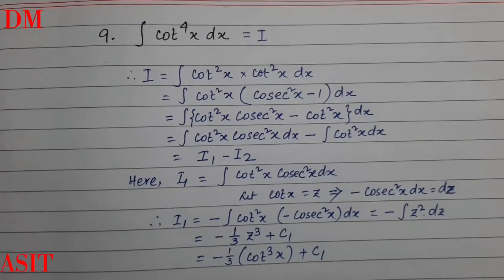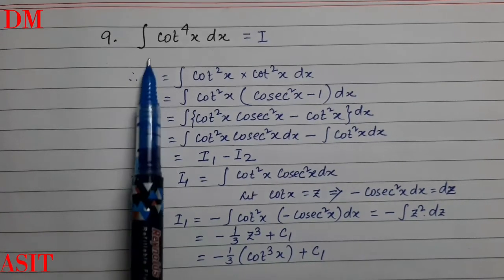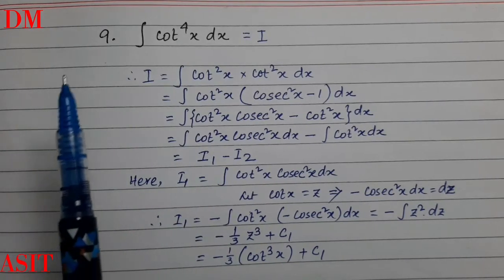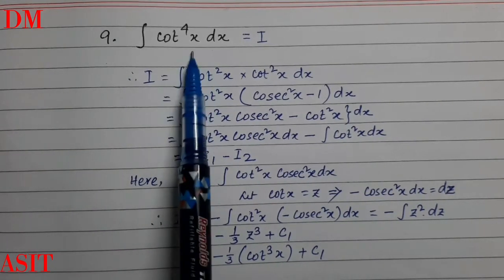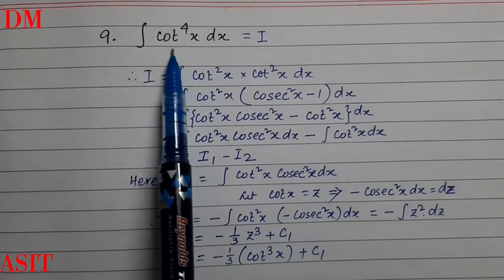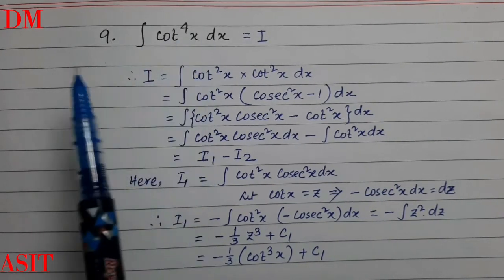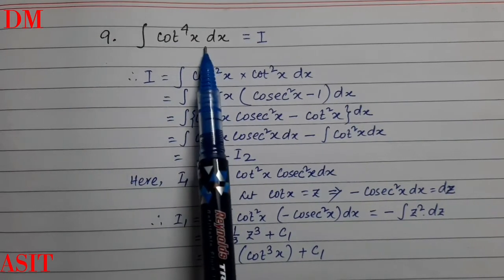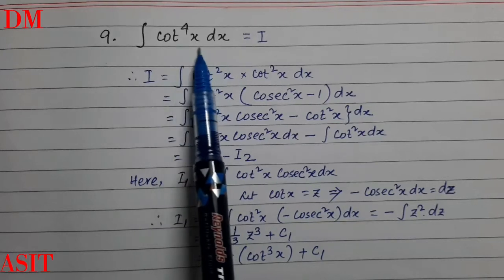Now let us solve question number 9. Question number 9 is to integrate cot to the power 4 x dx. Here we need to adjust this integral first, because we know if we differentiate cot x, it will give cosecant square x, but there is no cosecant square x, so directly it will not come.